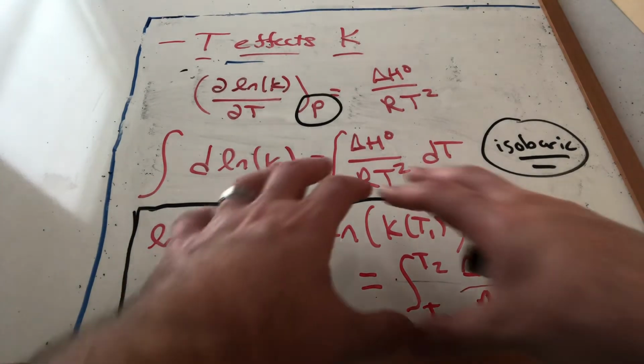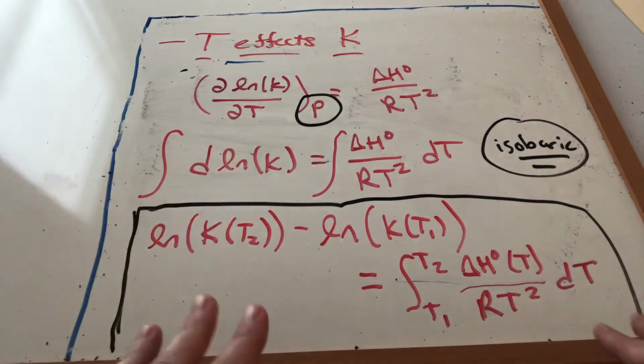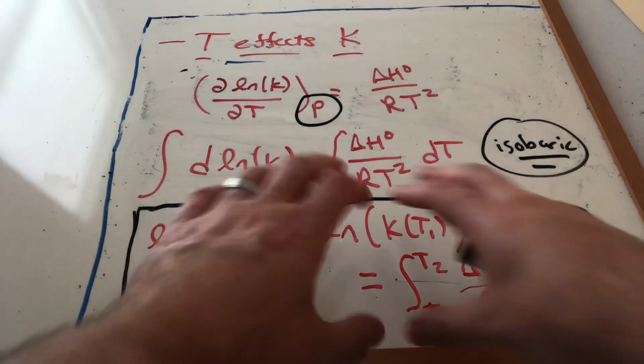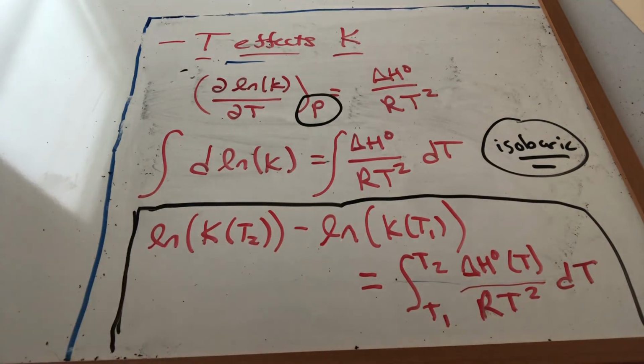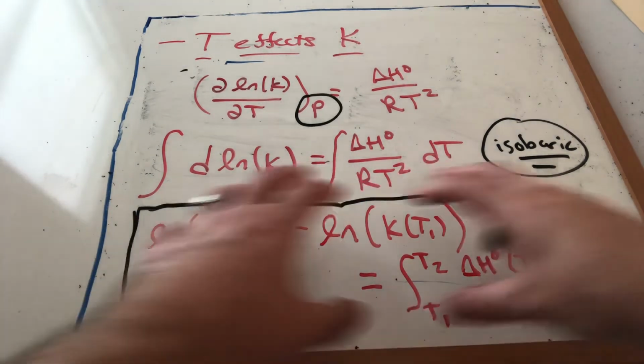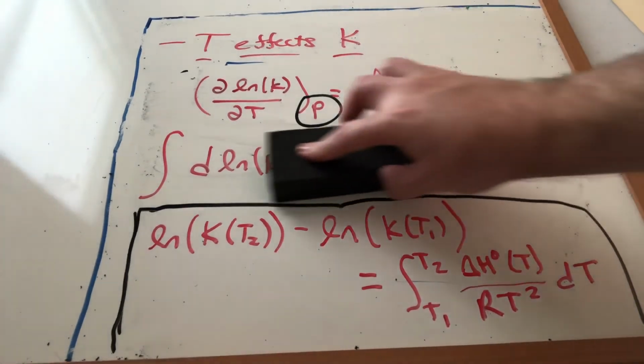I'm going to have you do that for homework: relate this to our Le Chatelier's principle ideas of how K changes based off of this delta H naught. But like I said, it's a connection you can make. So it's a really important equation.